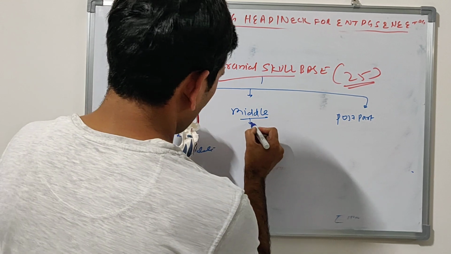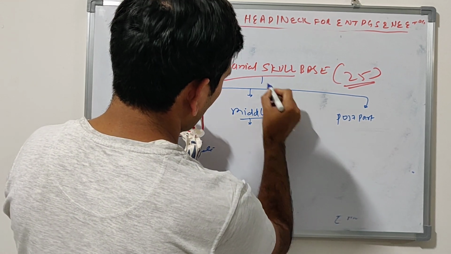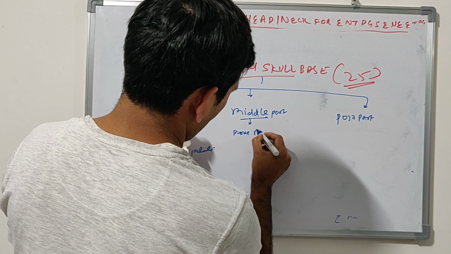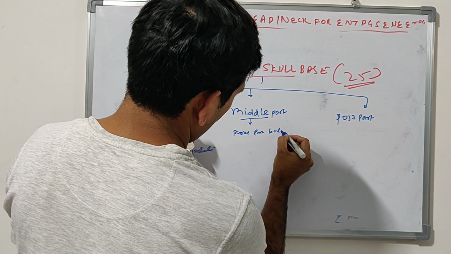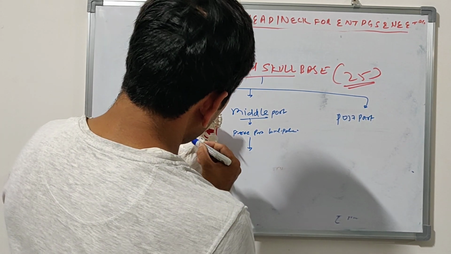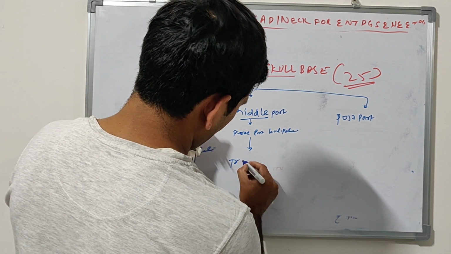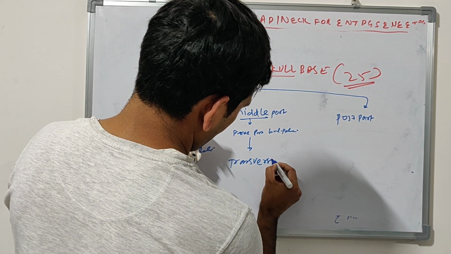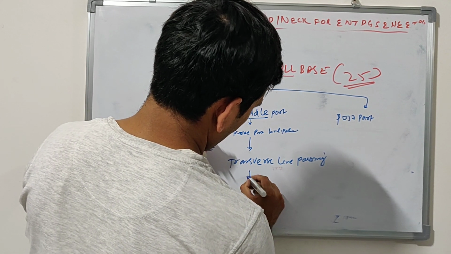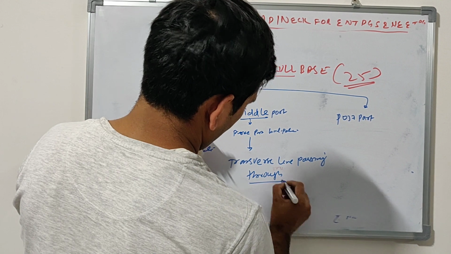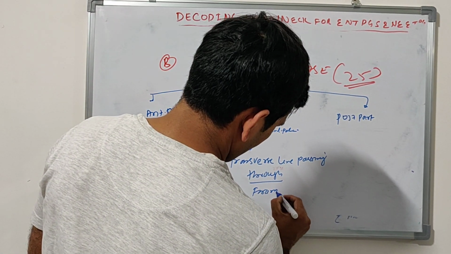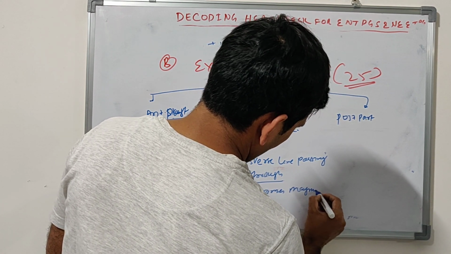The middle part of the exocranial skull base extends from the free part of the hard palate to one transverse line passing through the foramen magnum.